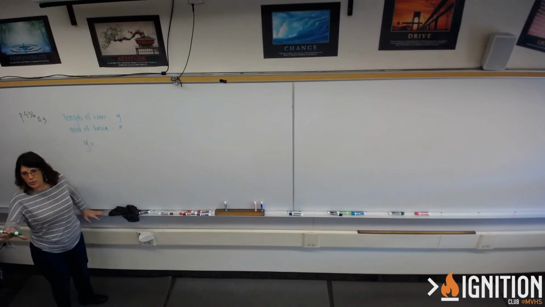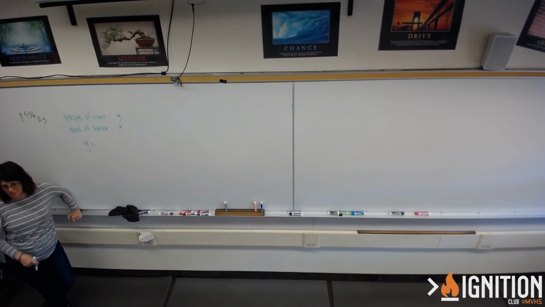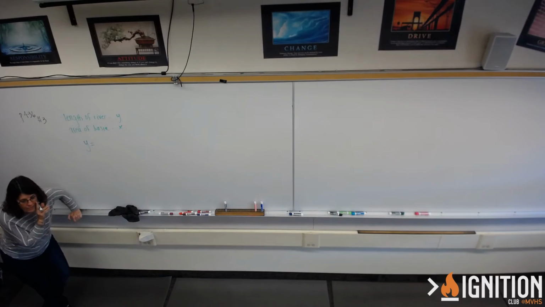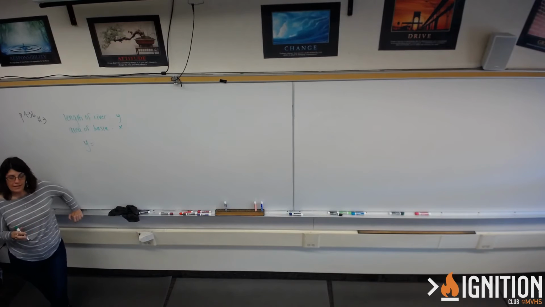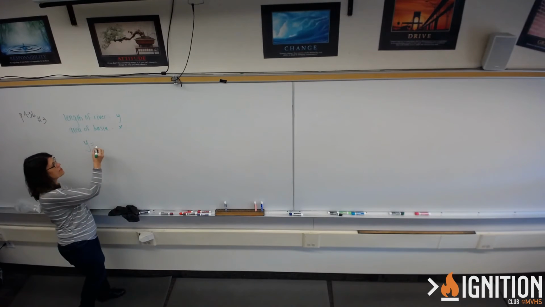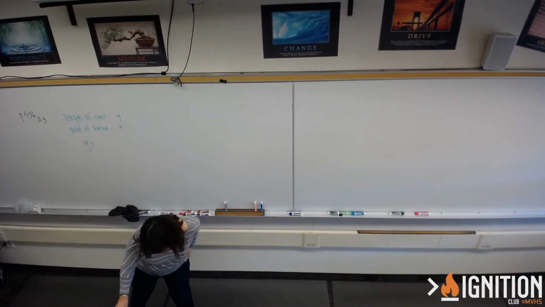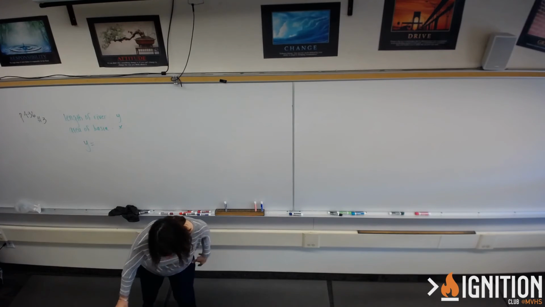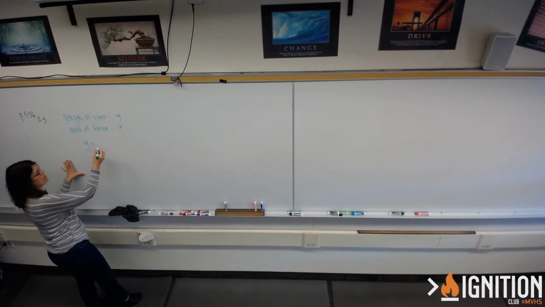You know what? Let's do it both ways, and we'll see which way makes more sense. No, I'm pretty sure you're right. I've been known to make mistakes, a lot of them. I think I'm good on this one. So the length of the river varies with the what power? 0.6 power of the area of the basin.